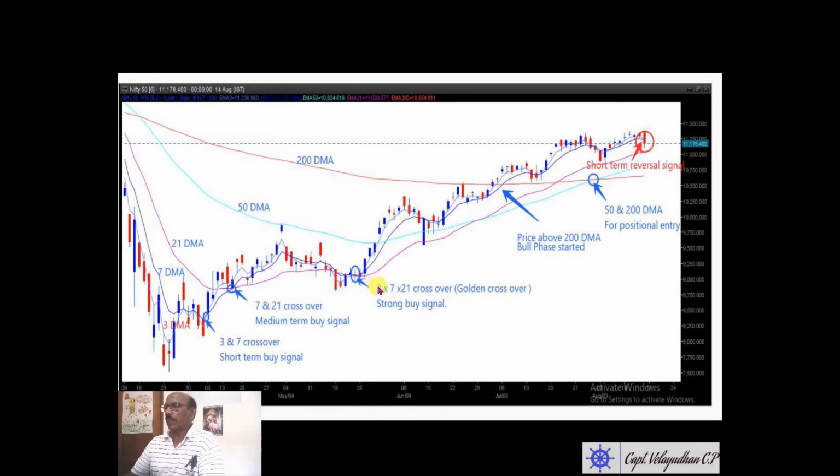This is known as a golden crossover. It gives a strong buy signal, and the golden crossover continued all the way till here. So those who entered here are still in profit, waiting.